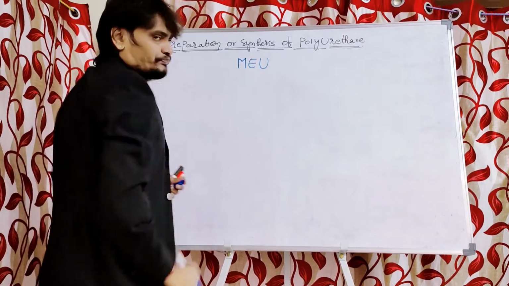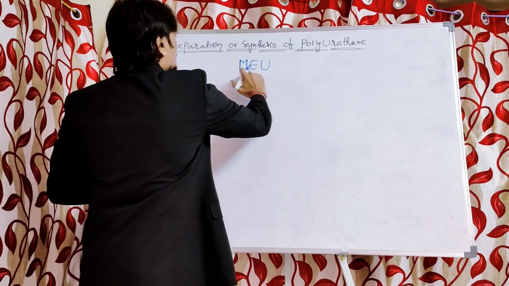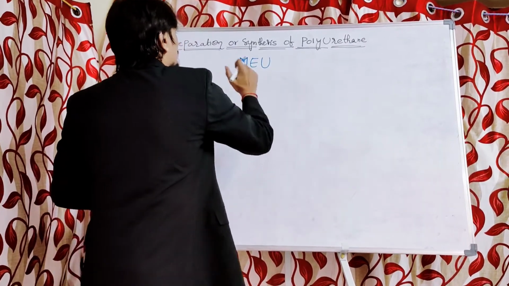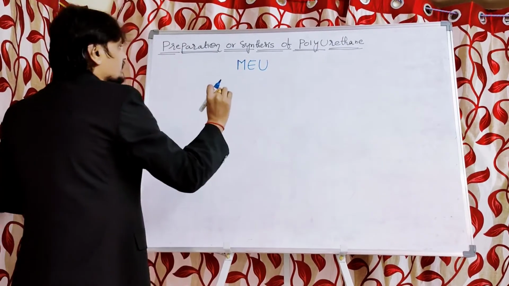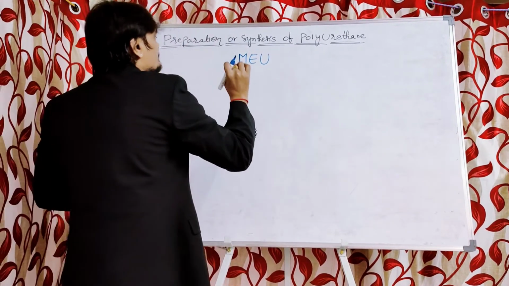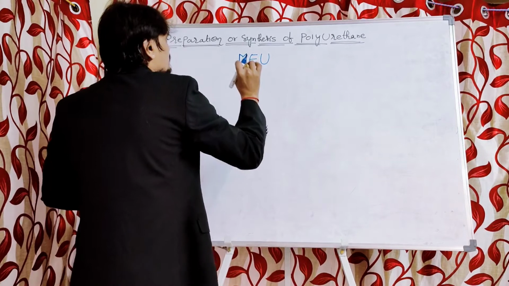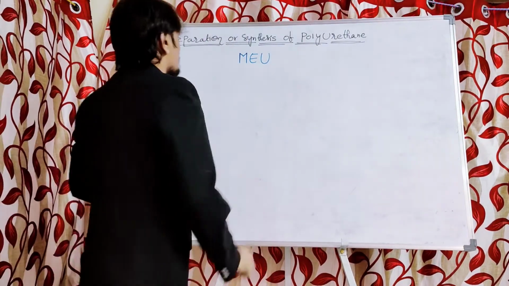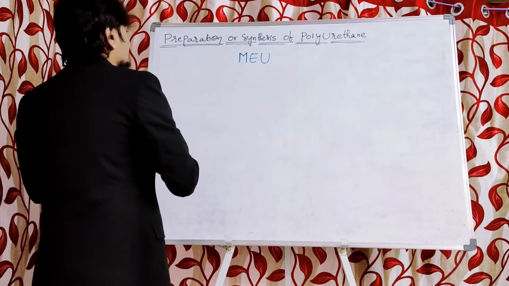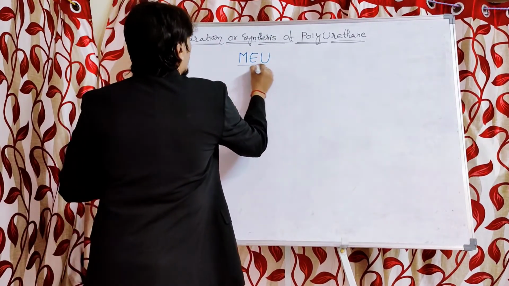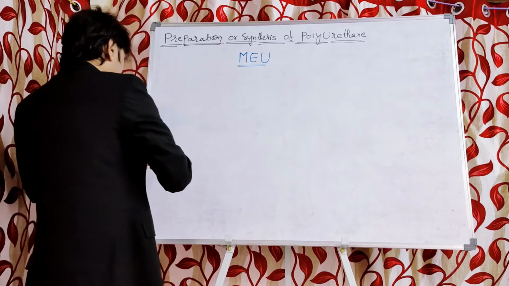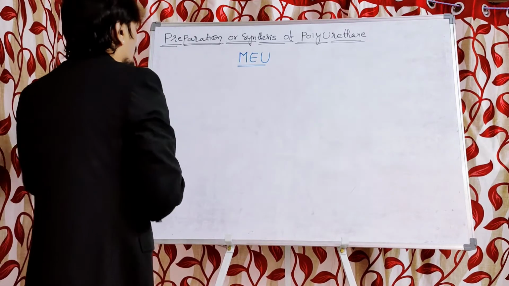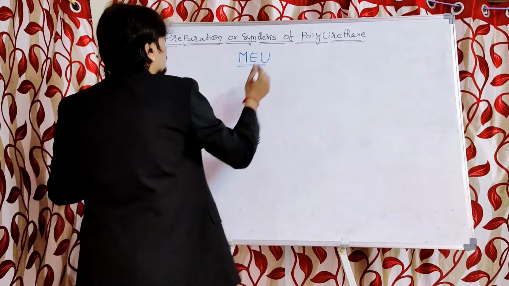That word is MEU. If you remember this particular word, it is very easy to remember the monomeric units of polyurethane. Just remember the word MEU, M-E-U.